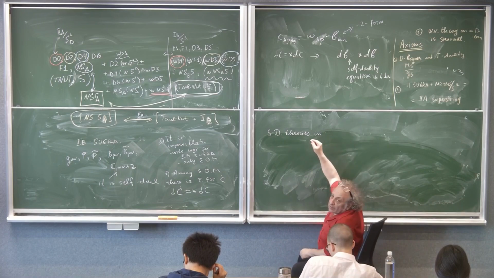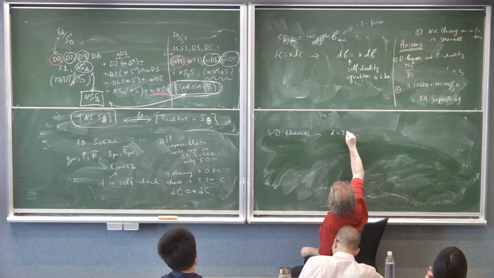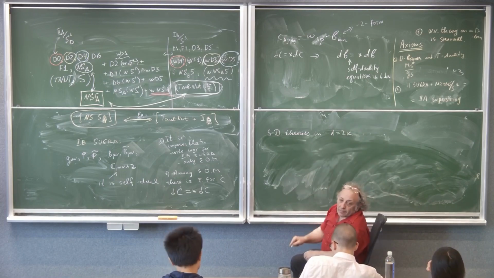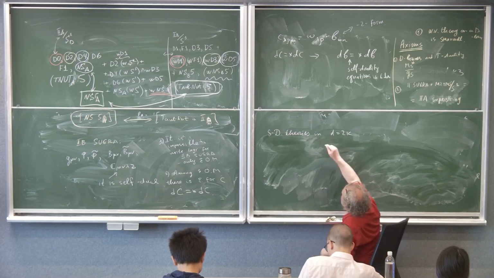First of all, self-dual theories happen in dimension d equals 2k. And here the equations of motion were dC equals star dC.